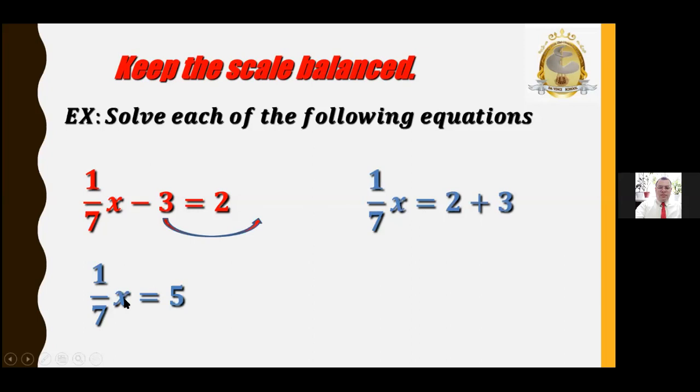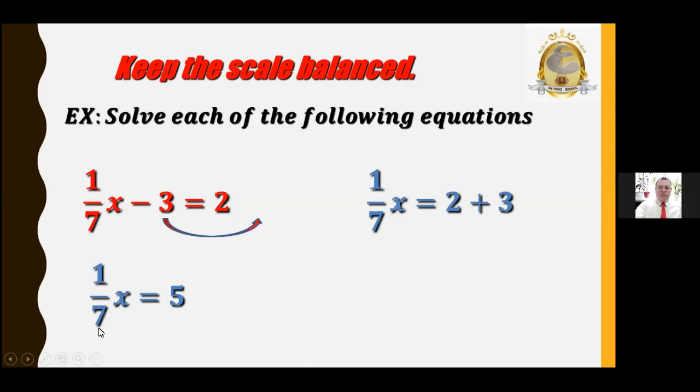1 over 7 x, as we said, is like division. 1 over 7 x, one seventh x, is like x over 7. This is division. Put this concept in your mind: if you find the coefficient of the variable is a fraction, to solve this equation we will multiply by its reciprocal.